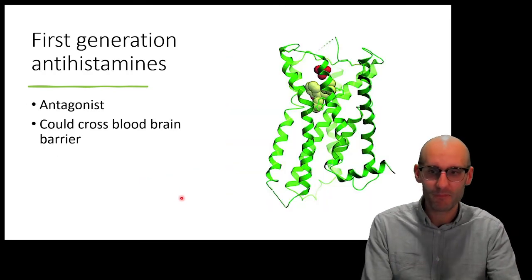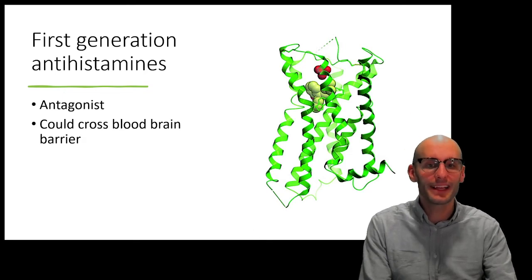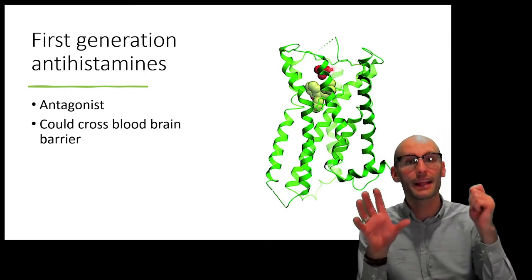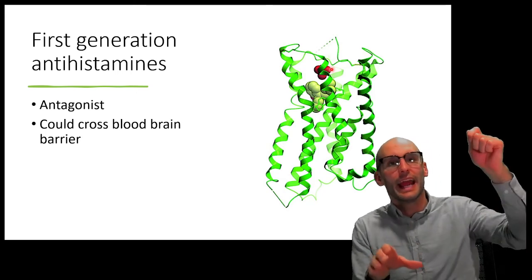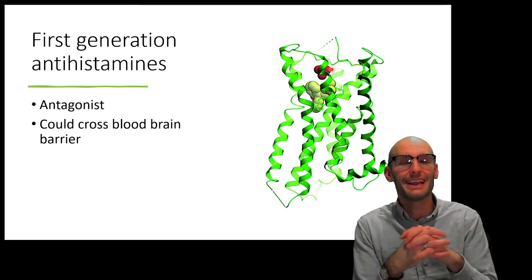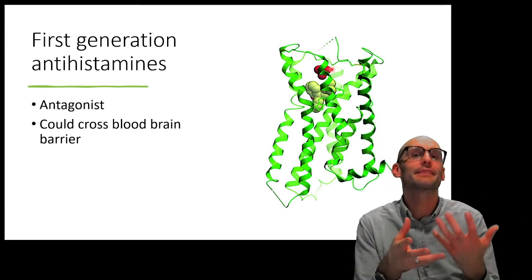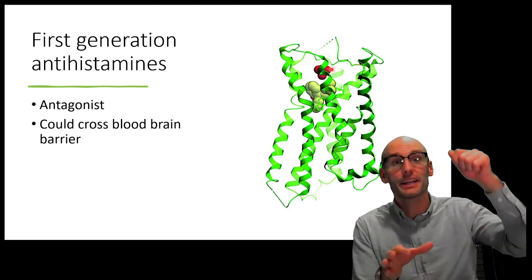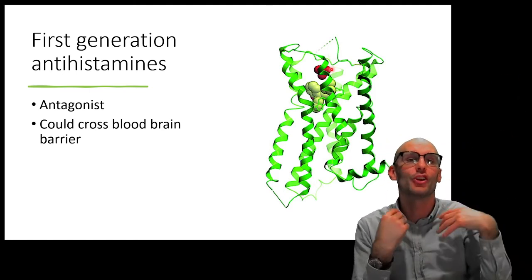So the first generation of antihistamines go into the histamine receptor, and like a key that is incorrect for the receptor, it goes into the lock, but it can't open it, right? So this is what an antagonist is. An antagonist goes into the receptor, but doesn't activate the receptor. But it occupies the receptor, so an agonist can't come in and turn it on, right?